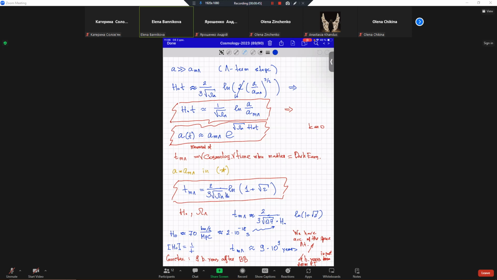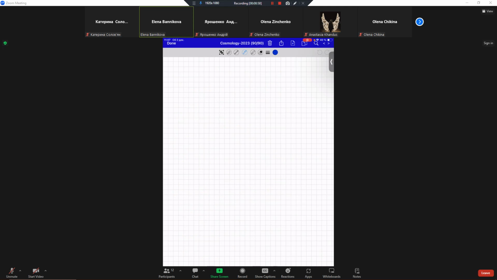Now we can estimate the age of the universe, as you remember from before.